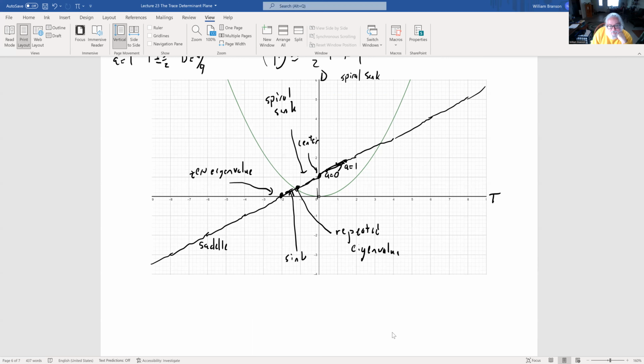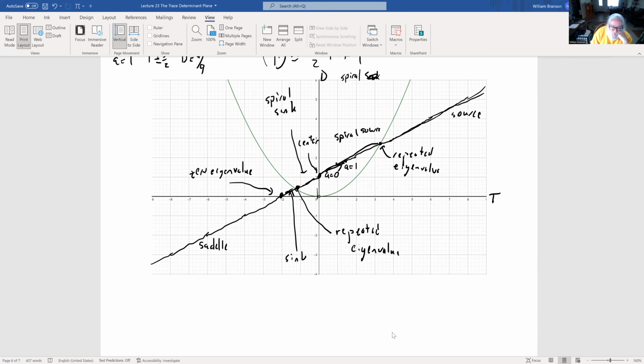This is all a spiral source. Not sink, but source. Another repeated eigenvalue. And then out here, we have a source.